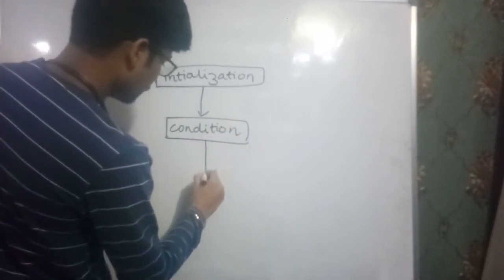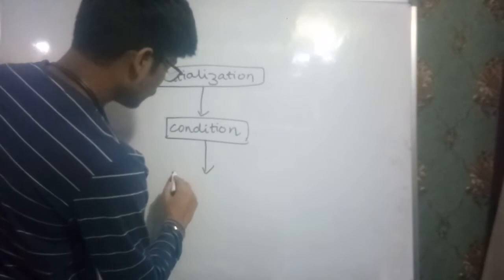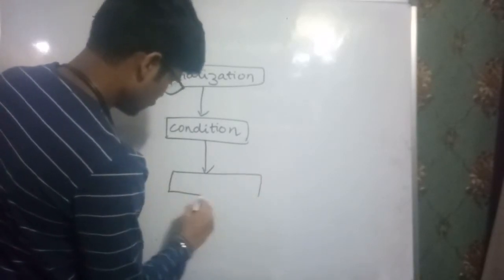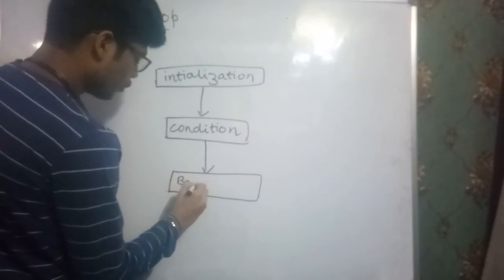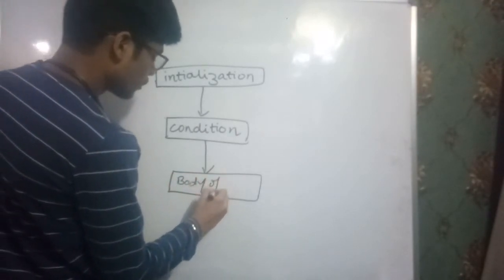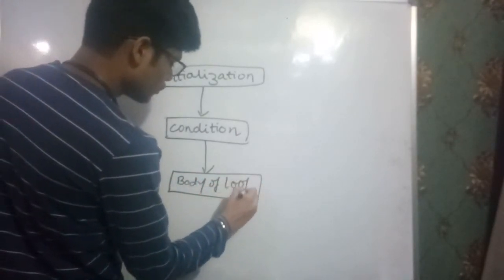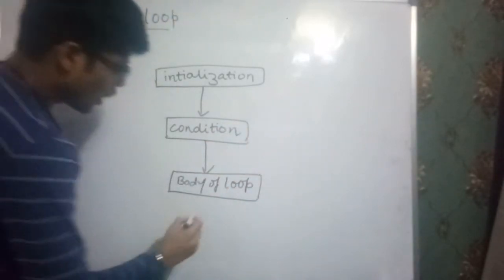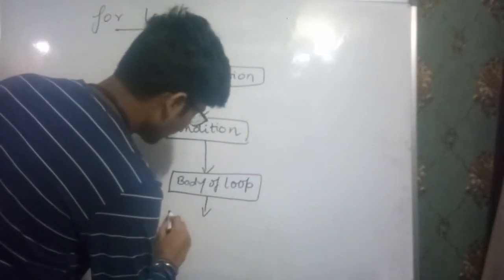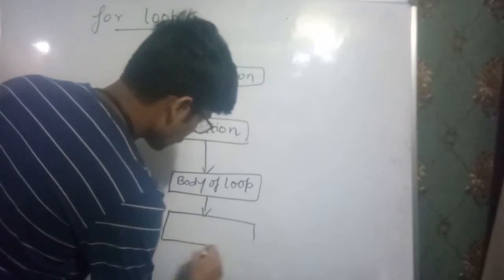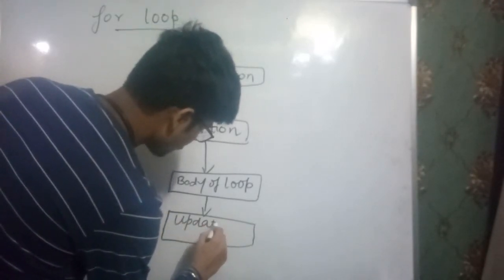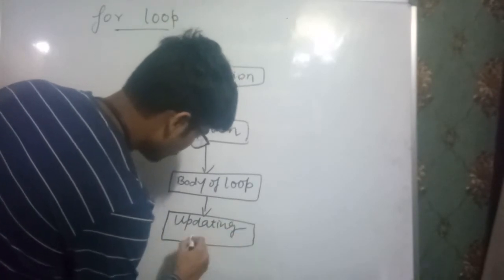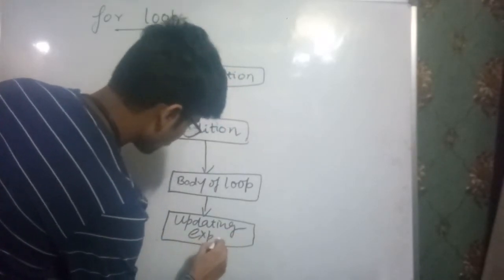After this it will go for the body of the loop. Whatever we write when the condition becomes true, whatever is implemented inside that body, we will execute that. After that we will update the expression, that is expression 3.